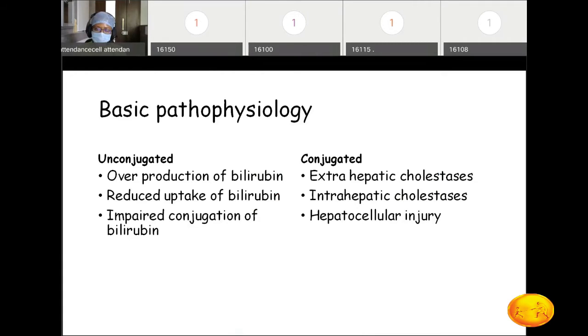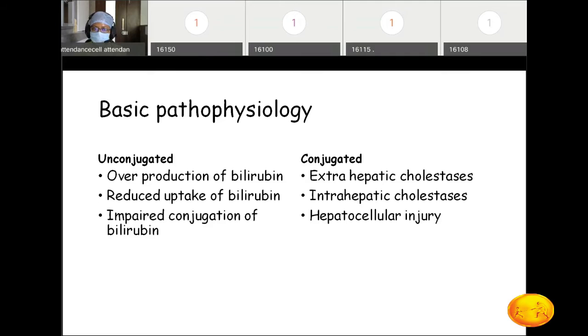We'll see a few conditions later on in the slide. And you could get normal production of bilirubin from RBCs, normally taken up by the hepatocytes, but in the conjugation part, there is some impairment. For example, if your UGT enzyme is not working properly, you may get a rise in the indirect hyperbilirubinemia.